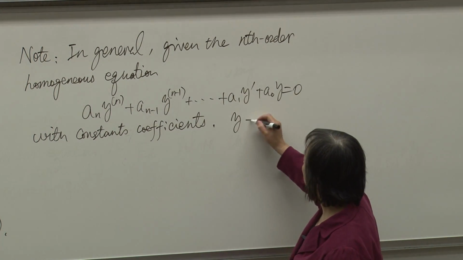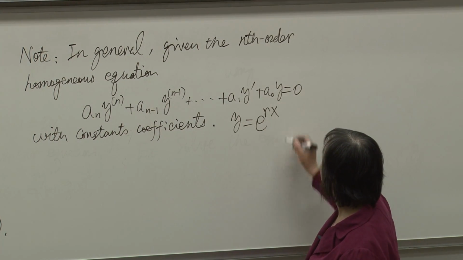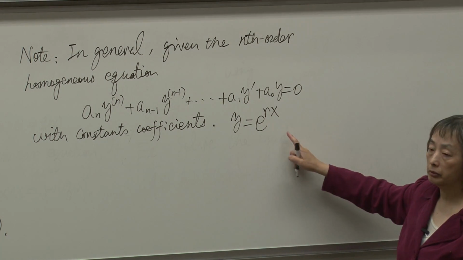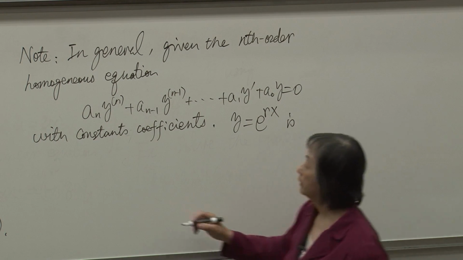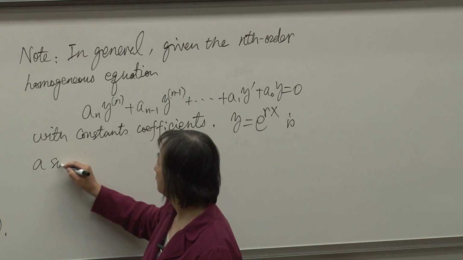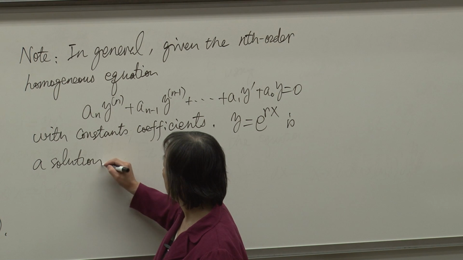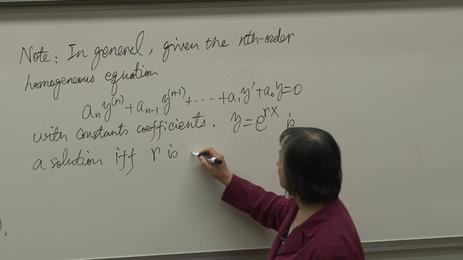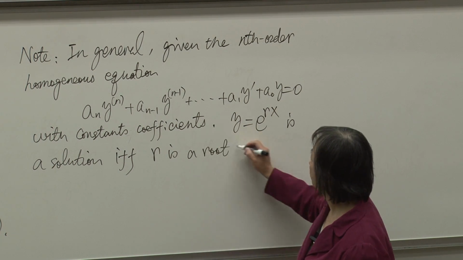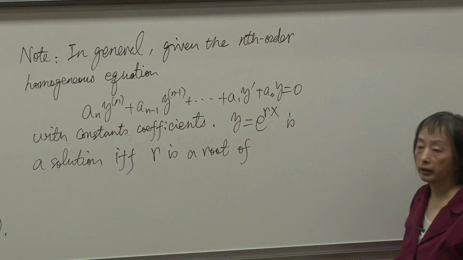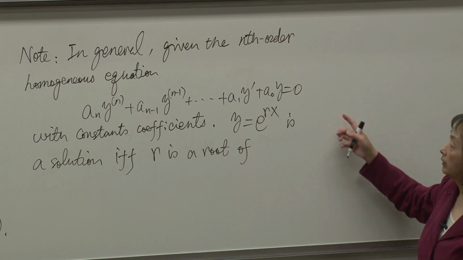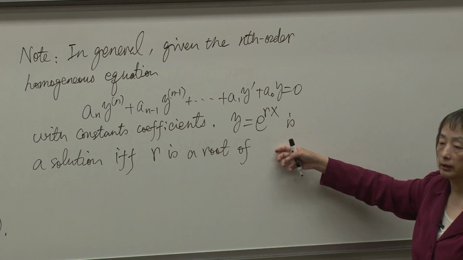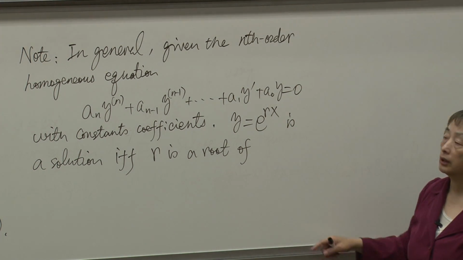We still look for a solution of the form e^(rx). So y equal to e^(rx) is a solution if and only if r is a root of the auxiliary equation. So we can generalize the second order homogeneous ODE with constant coefficients to any nth order ODE.